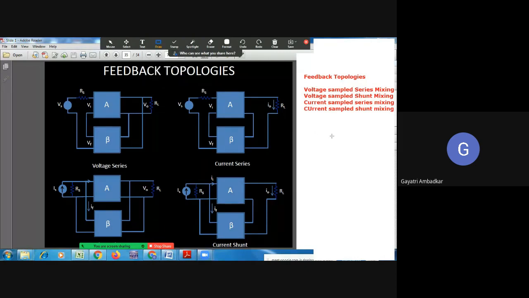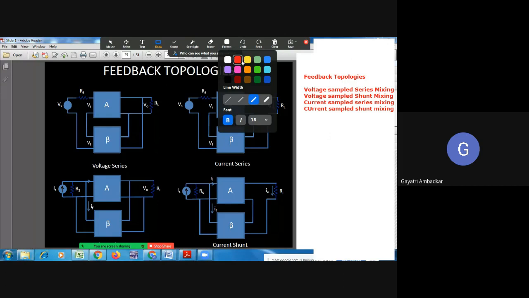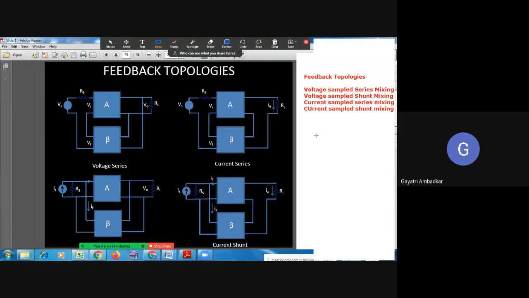This is your amplifier and this is your beta network or feedback network. I am telling you about sampling. So sampling is taking place at the output. This is the output of the amplifier and this is the input of the beta network. The beta network takes its input from the amplifier's output.